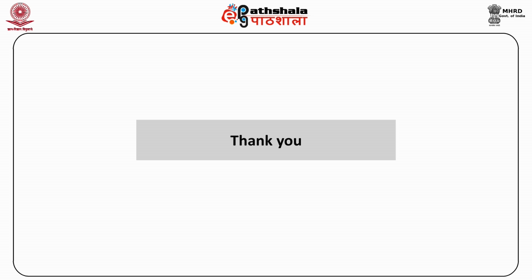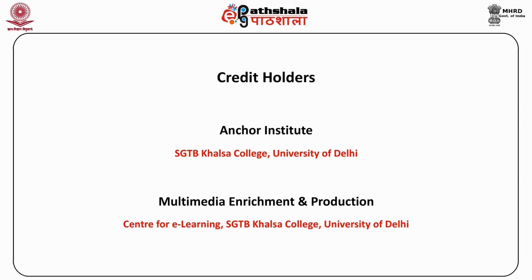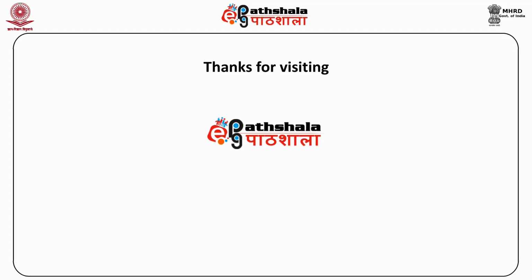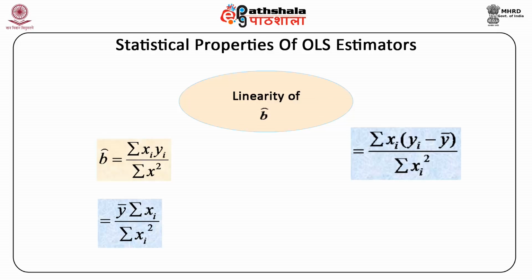B hat is equal to summation xi into yi minus y bar upon summation xi square, which can be written as summation xi yi upon summation xi square minus y bar into summation xi upon summation xi square, which is equal to summation xi yi upon summation xi square.